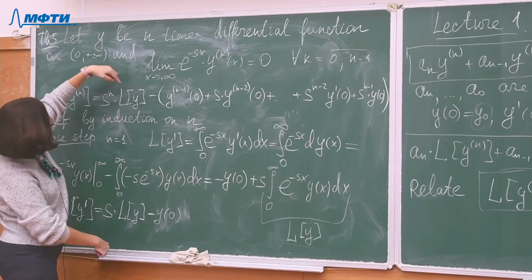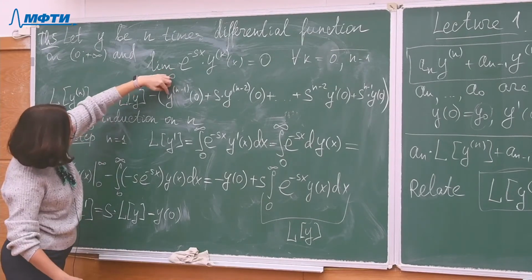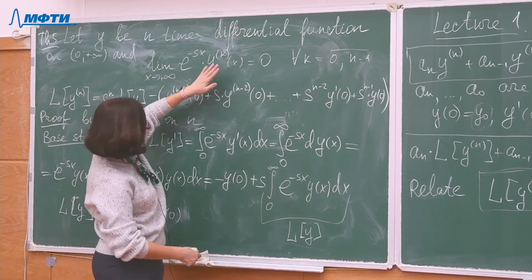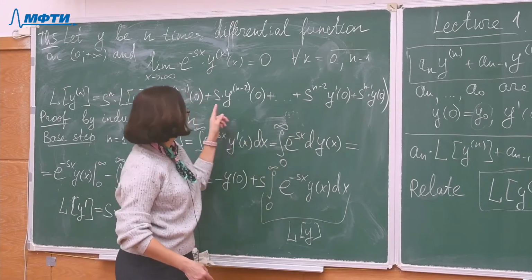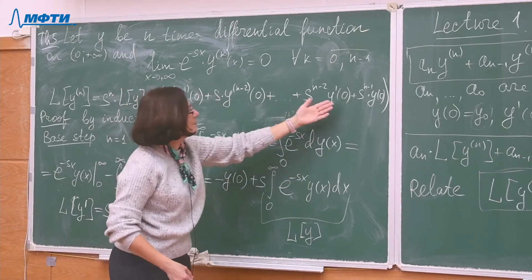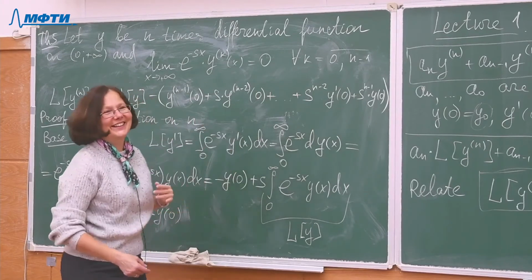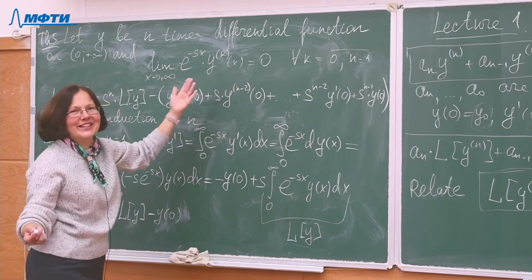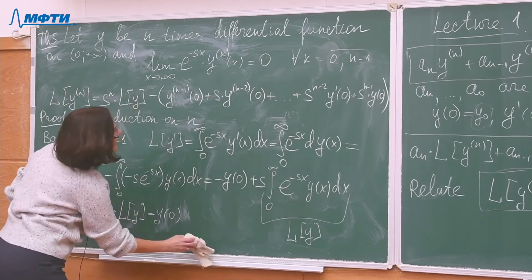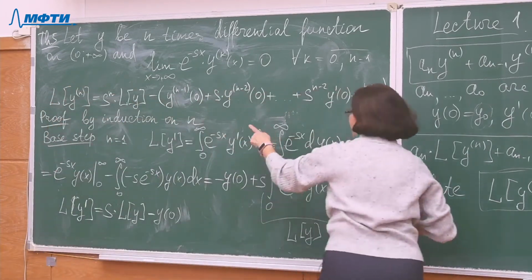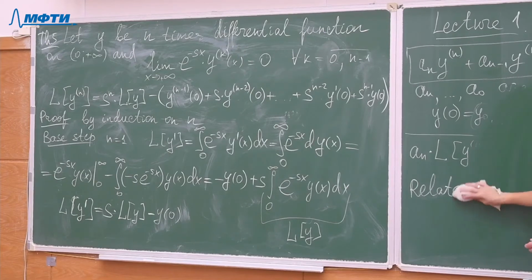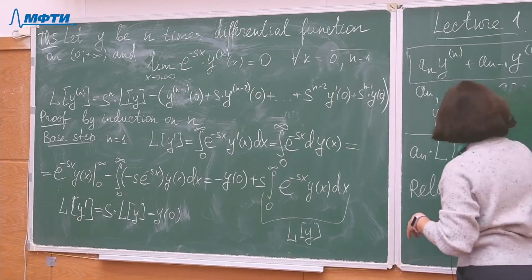Then if n equals 1, this is just y of 0, and this part vanishes, because n is 1. Right, so the first part is proved, and now we should move on to the inductive step. So this was the base step, and then the inductive step.